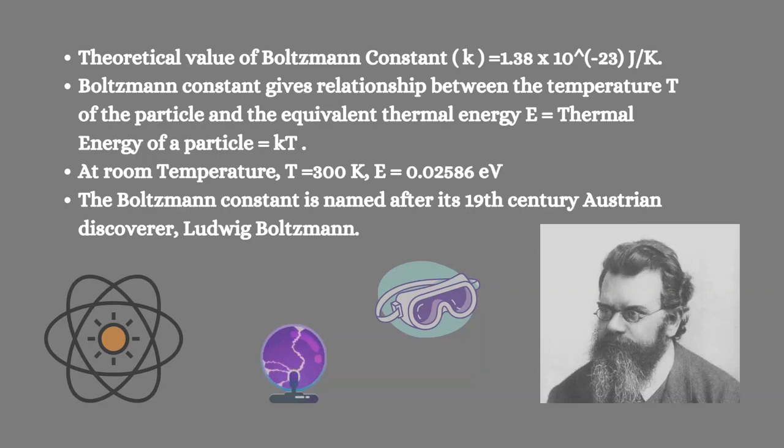At room temperature, T equals 300 Kelvin, and the thermal energy of the particle is equal to 0.02586 electron volt. Boltzmann constant is named after its 19th century Austrian discoverer Ludwig Boltzmann.